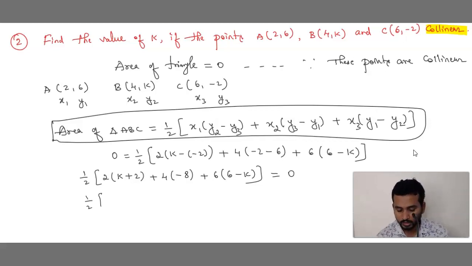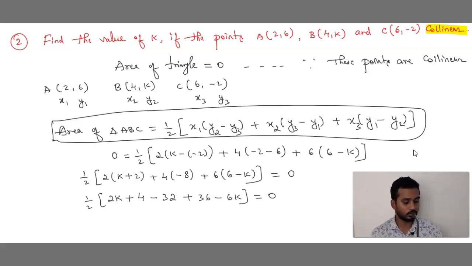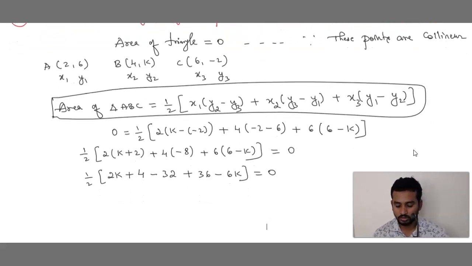Then again half into 2 into k, 2k, because k plus 2 we cannot add, so you can multiply it. 2k, plus 2 2s are 4, plus into minus, minus, 8 4s are 32, plus into plus, plus, 6 6s are 36, plus into minus, minus 6 into k, 6k, that is equal to 0.